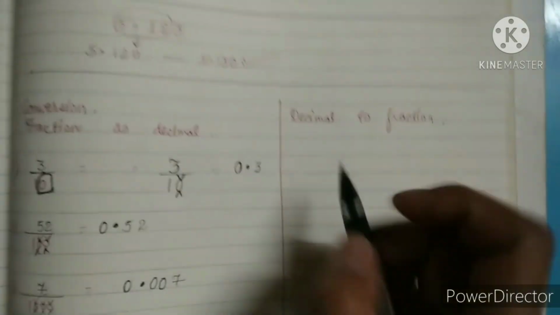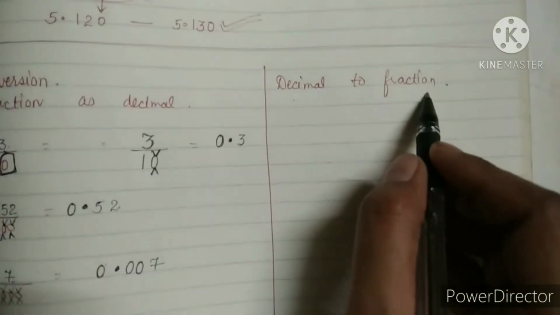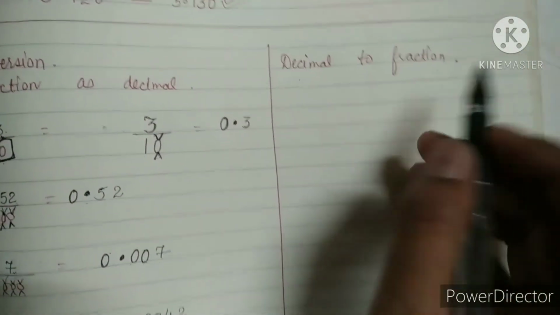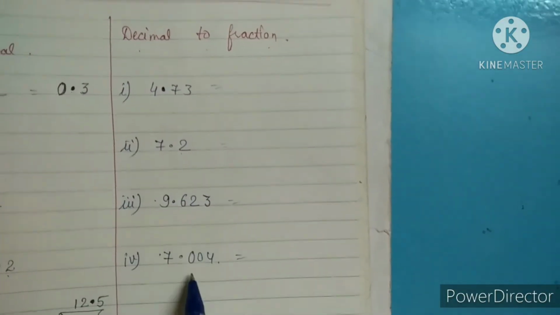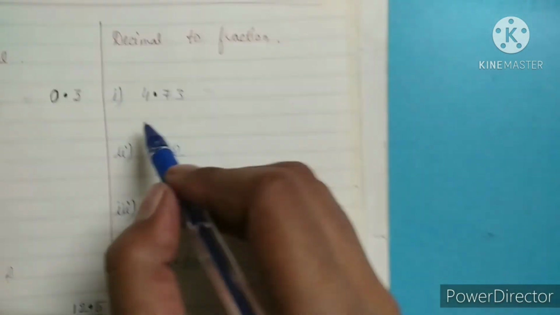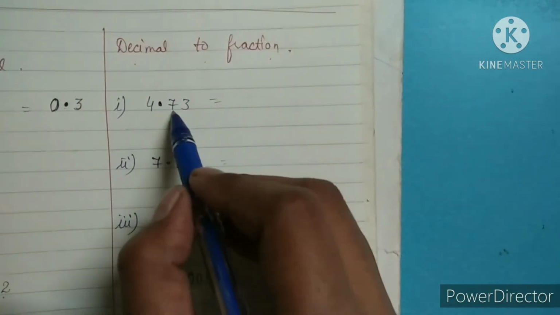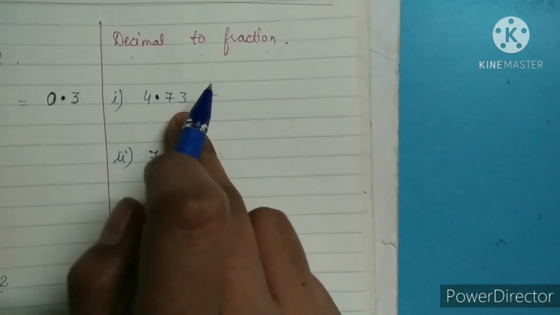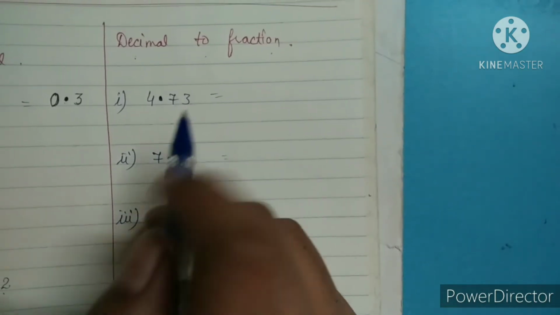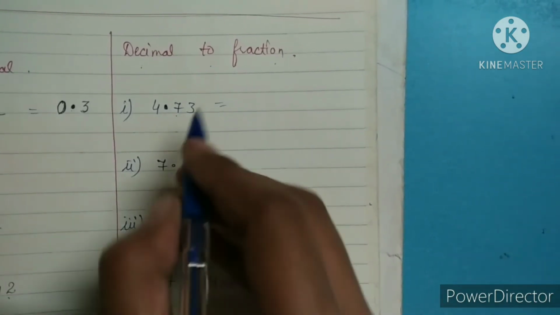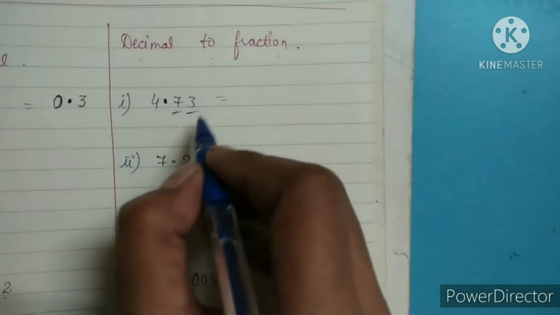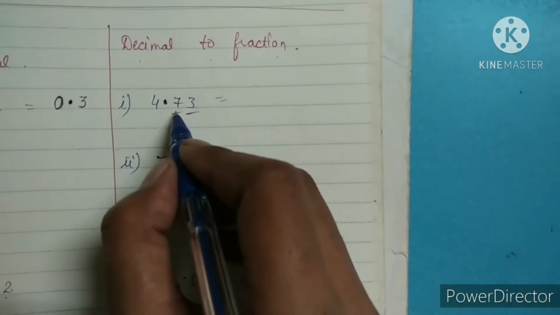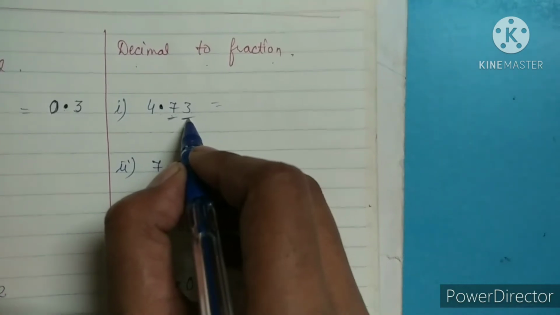Now it's the opposite, decimal to fraction. For decimal to fraction, I have taken these 4 examples. First is 4.73. We have to write it as a fraction. You can see after the decimal we have 2 places, which have 7 and 3.